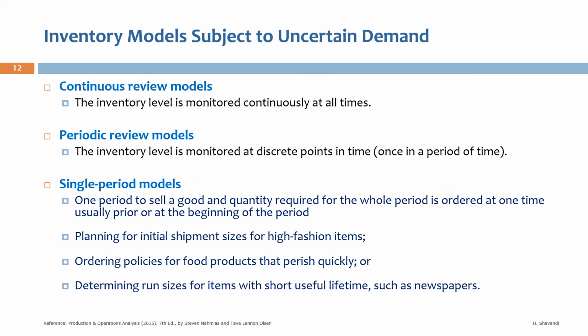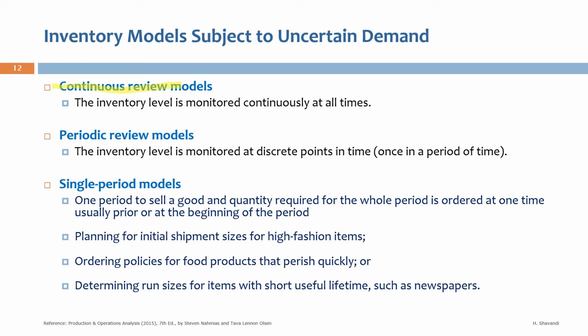The types of models that we have in an uncertain environment can be categorized in these three categories: continuous review models, periodic review models, and single period models. In continuous review models, we assume that the inventory level is monitored continuously over time. So whenever it reaches a certain level, we will place a new order.